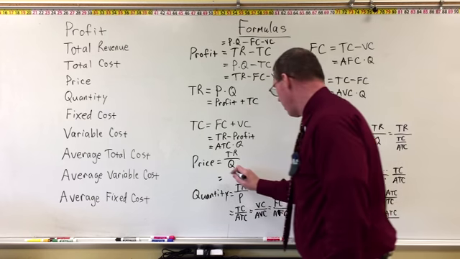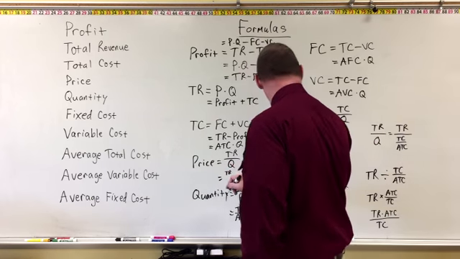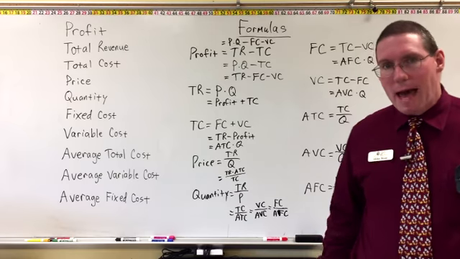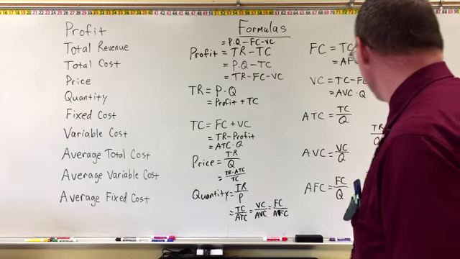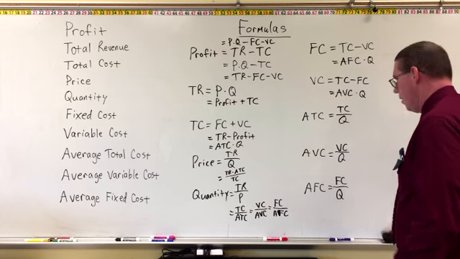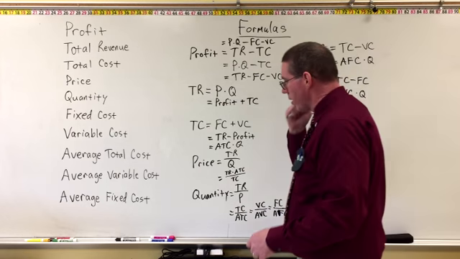And I know that's really crazy. I don't think I'd go that far, but I just want you to see the sorts of things that you can do mathematically with these formulas. Okay? All right, I wanted to show you maybe just one or two more of these. That one was sort of a stretch, that price.